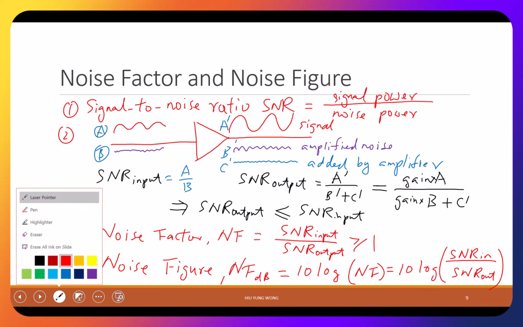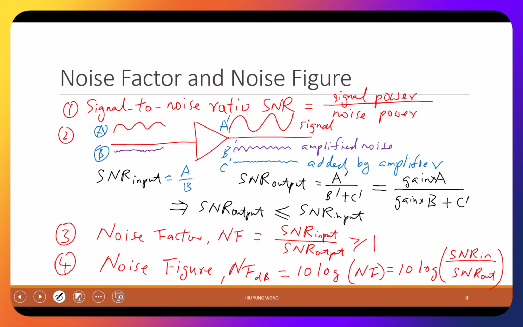If you forgot, maybe it's a good time to review. For any power value, you will take 10 times log, and this gives you a unit of dB. For voltage, you can do 20 log of voltage. This also gives you dB. Not squared, sorry, no square. Or you can call it 10 log V square.